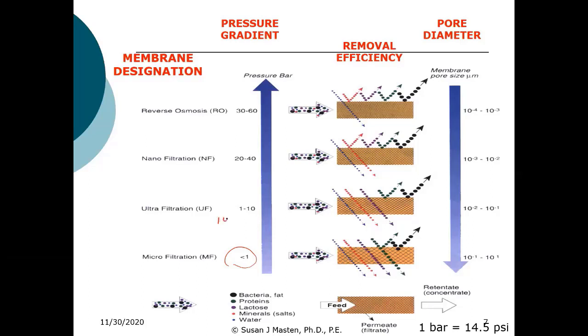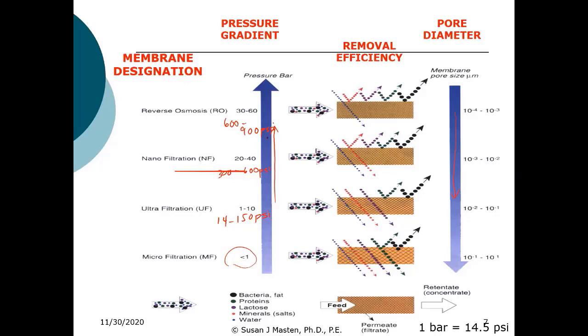So we're talking here about 14 to about 150 psi. Here we're talking about 300 to 600 psi, and here about 600 to, and this isn't exact, about 900 psi, just to give you an indication. So again, as we decrease the pore size of the membrane, we're increasing the pressure that's required.